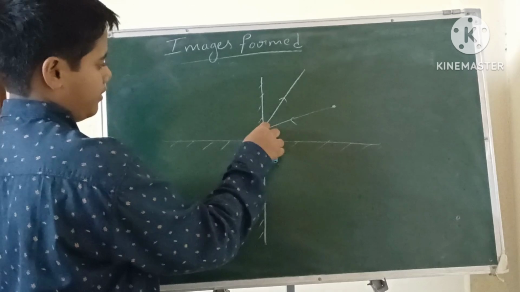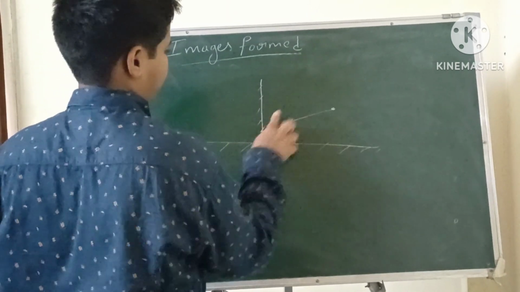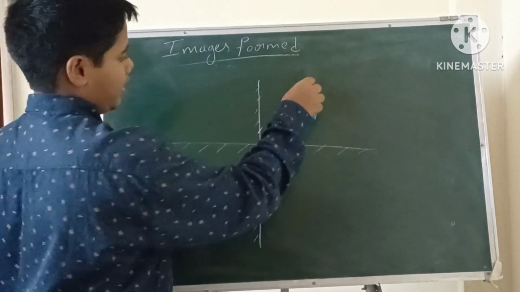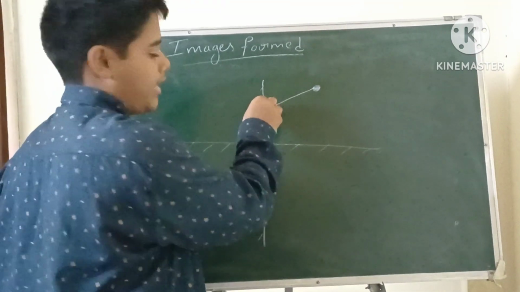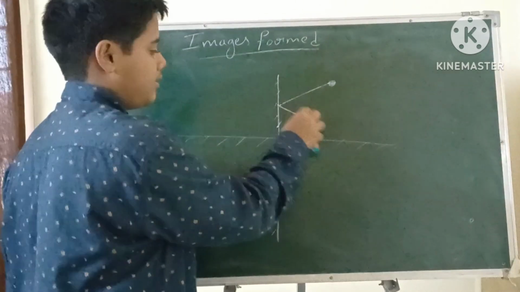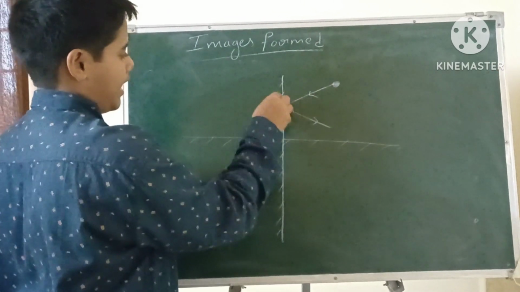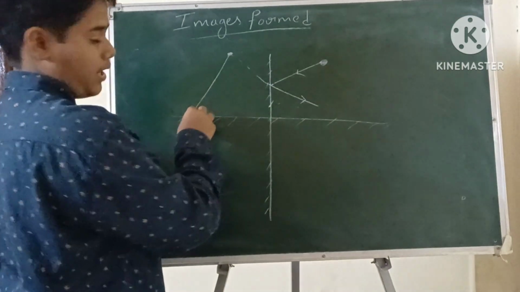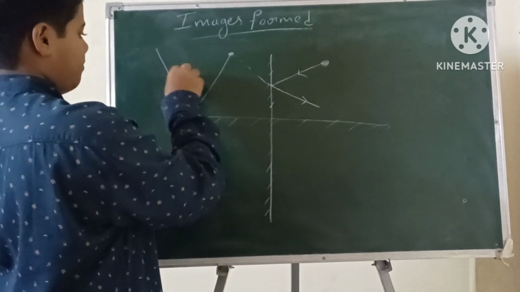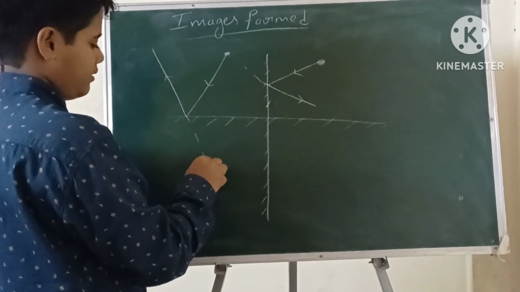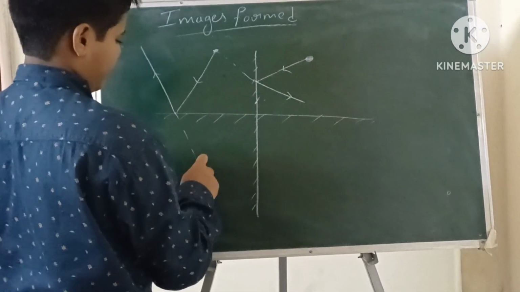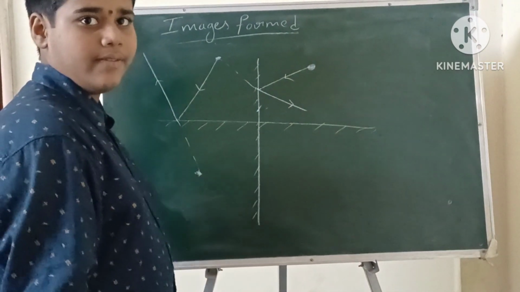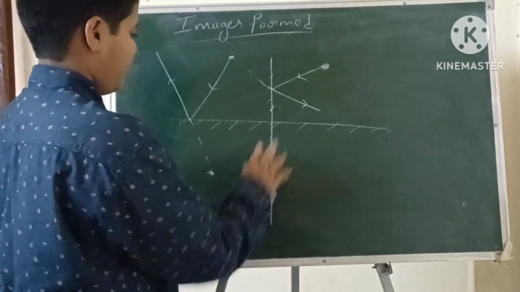Here the image is formed. This is the image, this is the reflected ray and this is the incident ray. When the incident ray and reflected ray are formed here, the image is formed in this, and here two images are formed.